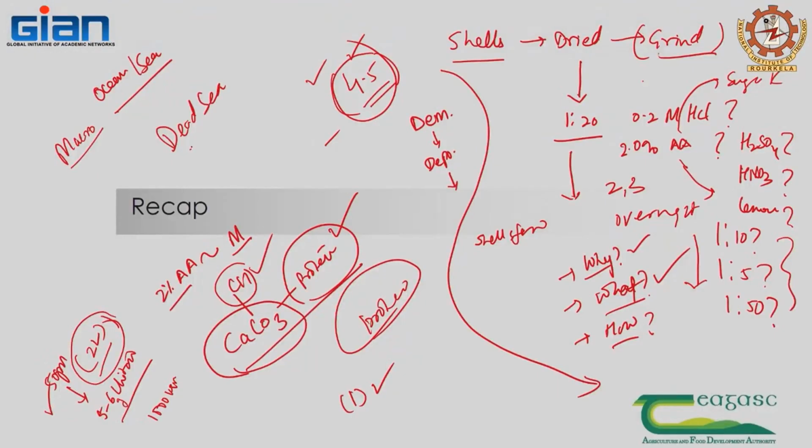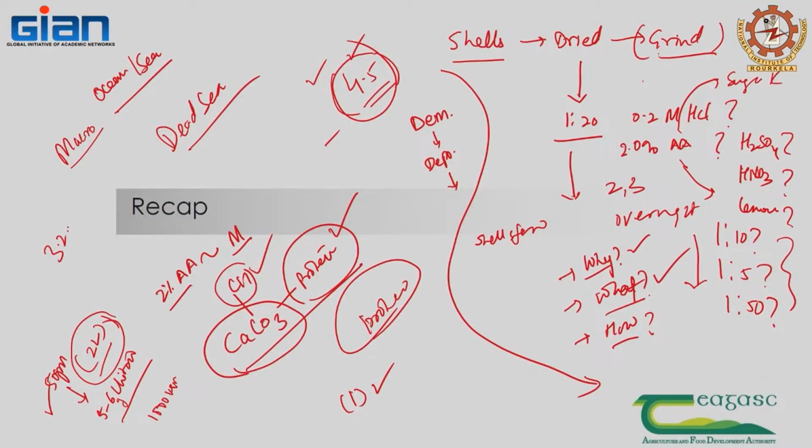Have you heard of a sea called the Dead Sea? It is somewhere near Turkey. Their salt is so high, you can even swim or walk on that particular sea. In the ocean, sea salinity is 3.2 to 3.5%, or 3.3%. That much amount of salt is present in it. And this is the condition required for marine algae to grow.